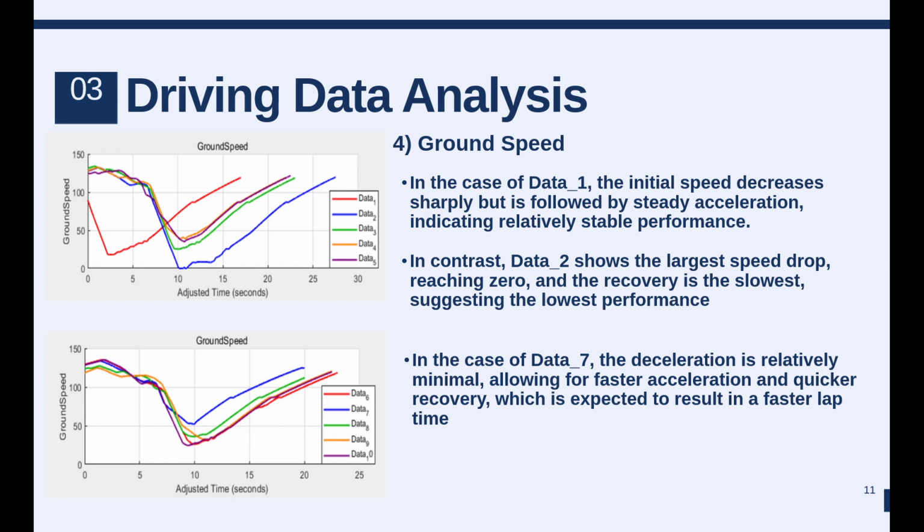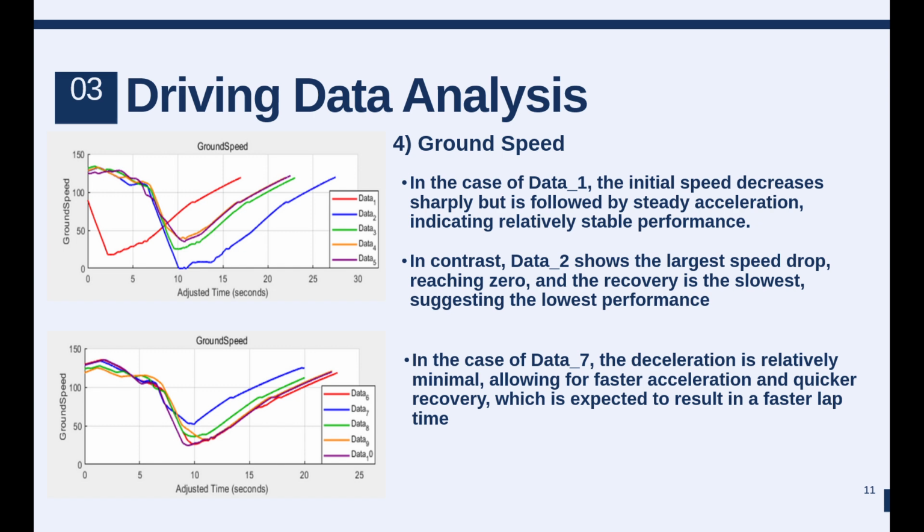Next, analyzing the ground speed, data 1 showed an initial speed reduction of approximately 50%, but it quickly began accelerating, allowing the vehicle to exit the corner efficiently. While other data sets recovered their lost speed around the 10-second mark, data 1 demonstrated faster recovery through consistent acceleration.